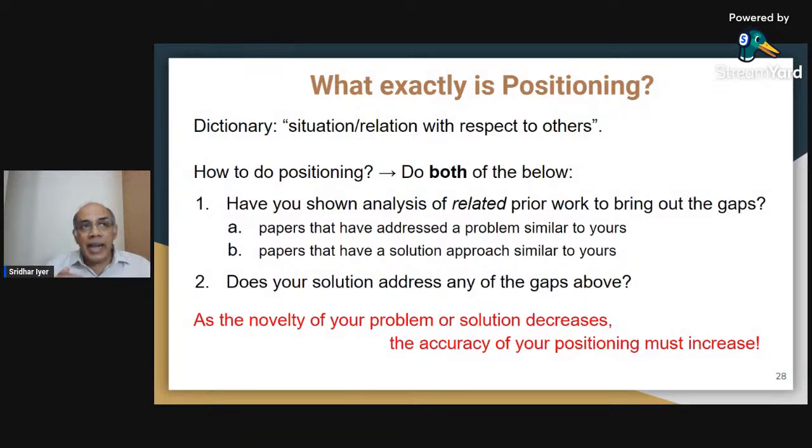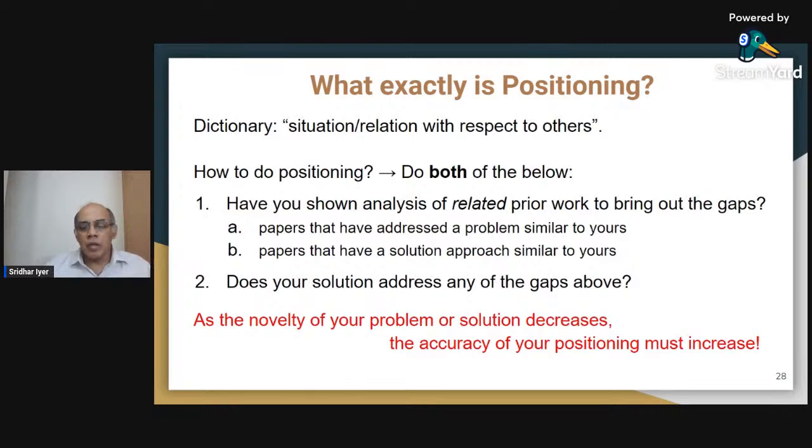If you come up with yet another solution for teaching programming, the accuracy of your positioning must increase. You must be able to say, all the existing work is addressing A, B, C, and D, but my thing is actually addressing E and F. So that's why my research is novel and makes a contribution.